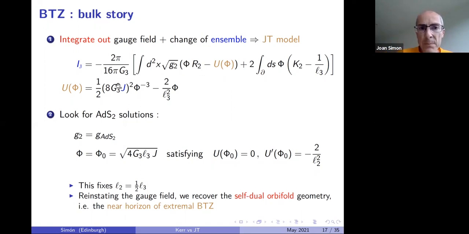And if you look for solutions in this model around AdS2, which is a solution where the potential satisfies these conditions here, that's what I would call the self-dual orbifold, but that's the near horizon of extremal BTZ.